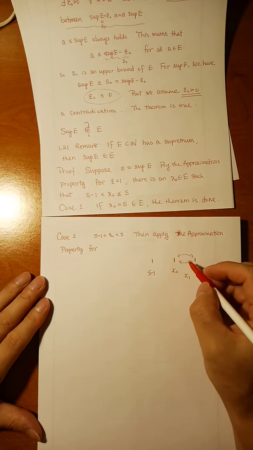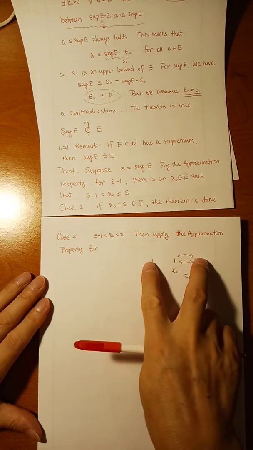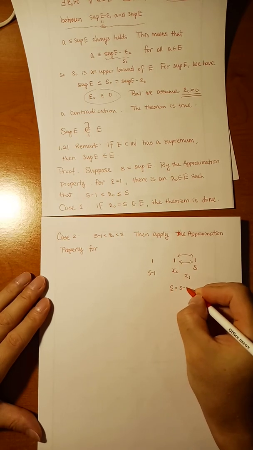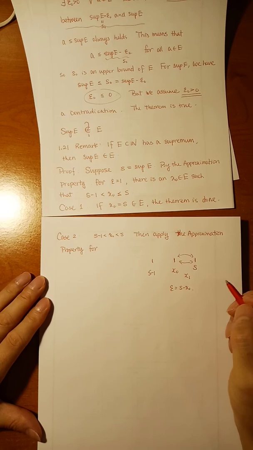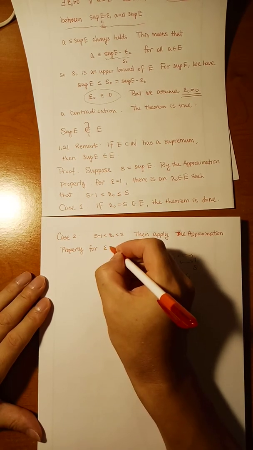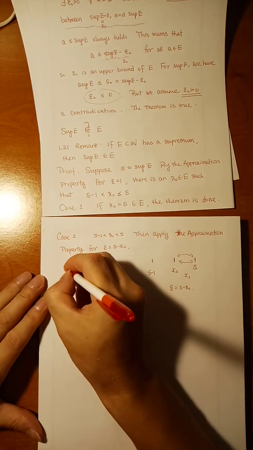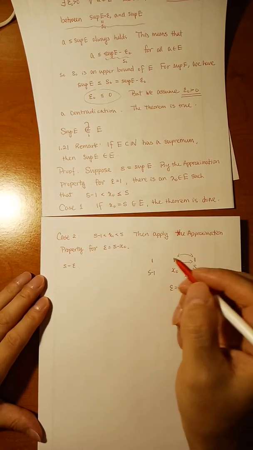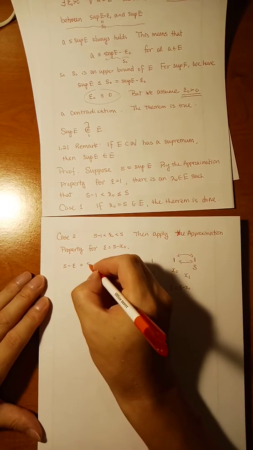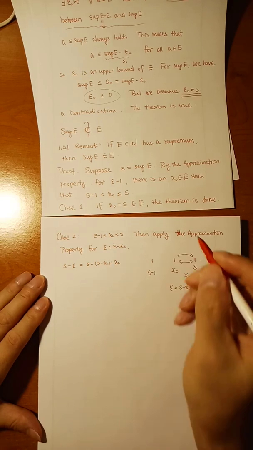For what epsilon? Here's s minus 1. This distance is 1. Here, epsilon is going to be s minus x0. Then what do we get? s minus epsilon is s minus (s minus x0), which is x0.